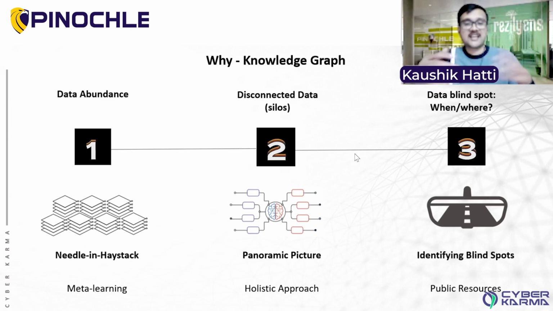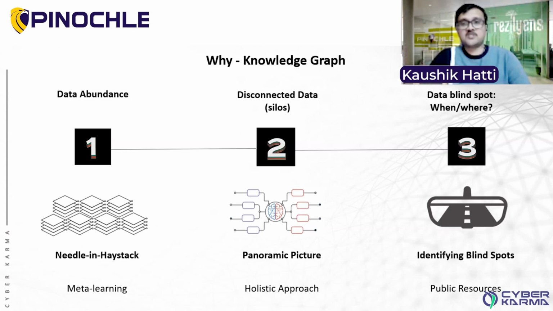They are all siloed. So you are usually missing the big picture. This is another common problem in this area. Knowledge graphs and DeepDetect can answer this problem as well, providing a panoramic picture by connecting all the dots and all this data coming from various sources.